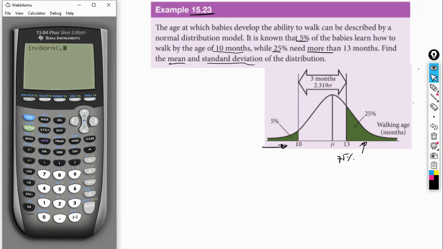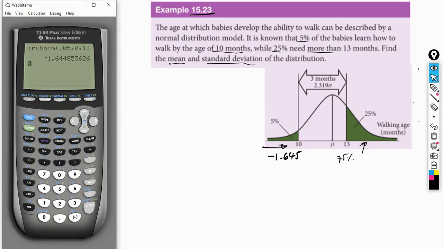So this would be 0.05, and the mean is going to be 0, and the standard deviation is going to be 1. So there we get the z-score for 5%. So we're going to write it over here. Notice that it's minus 1.645, let's round it to 5.